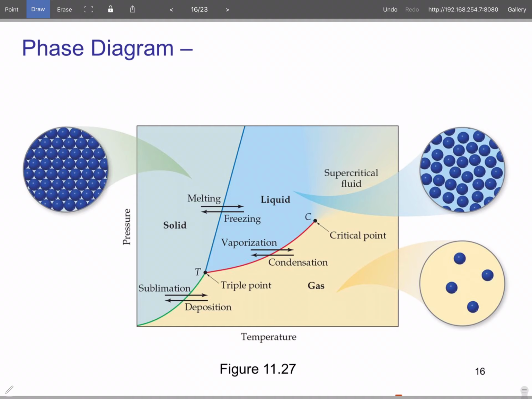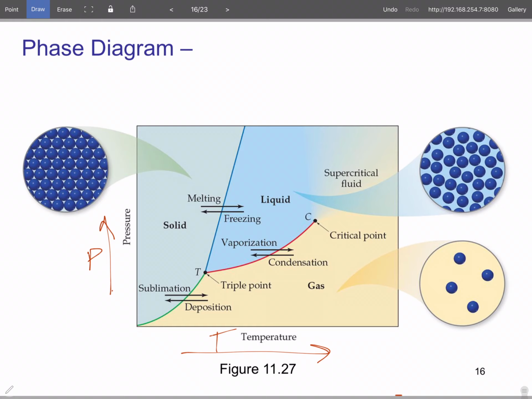So in a phase diagram, you have pressure increasing over here and temperature increasing over here. And we can see all three phases with a variety of things going on. Now this figure has all the information you need in it, but it's kind of hard to see.